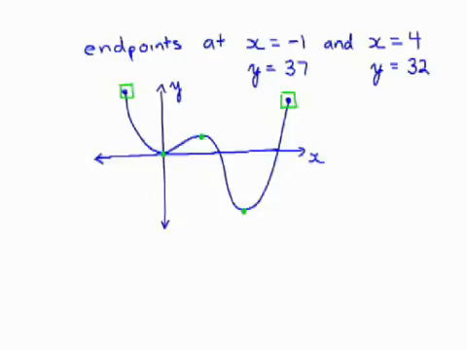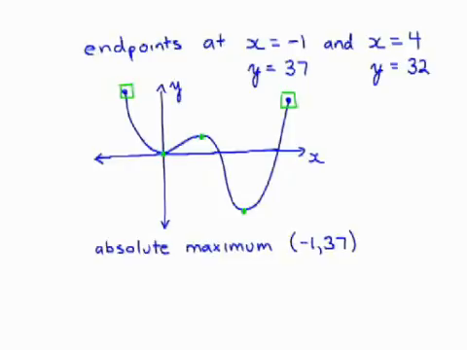Then, using the green marker, I've also boxed in the endpoints. So that first endpoint that I've boxed in is (-1, 37), and the other endpoint is (4, 32). So when we look at this, you'll note that we have an absolute maximum at the endpoint (-1, 37).